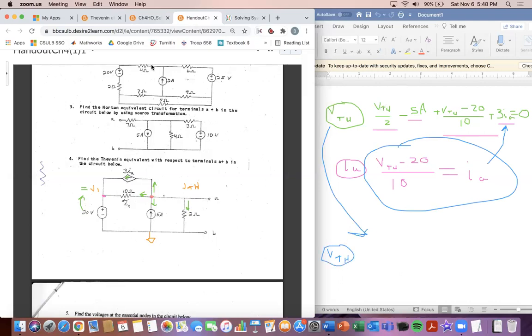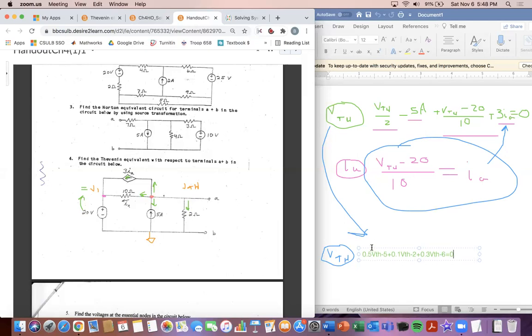So let me rewrite this equation and make it logical. We're going to have 0.5 VThev, minus 5, plus 1/10, so 0.1 VThev, minus 2, which is 20 divided by 10, then plus 3 times 0.1 VThev, so that'd be 0.3 VThev, and then 3 times negative 20 over 10, which is -2, so -6, and set that equal to 0.